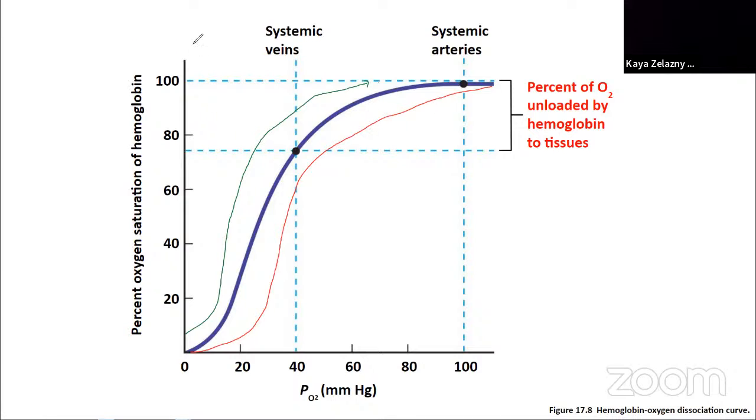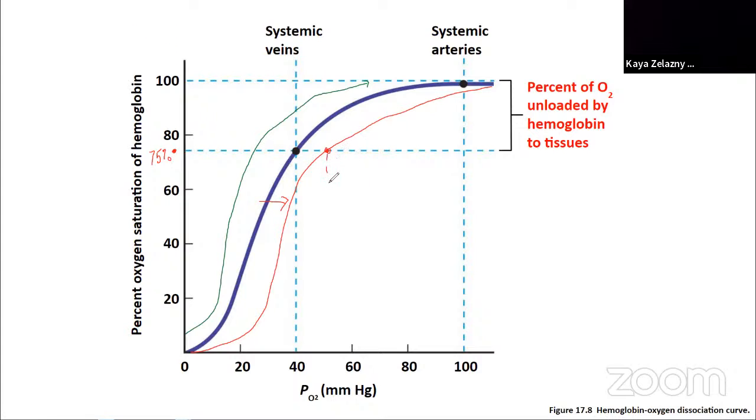So in order to understand that, let's first think about this rightward shift, right? If we have a right shift, what's happening? Let's think about a point. I find that the easiest way to think about it. Say we're trying to get to this 75% line, so we're trying to get to a 75% oxygen saturation. We compare our right shifted point to this normal curve.